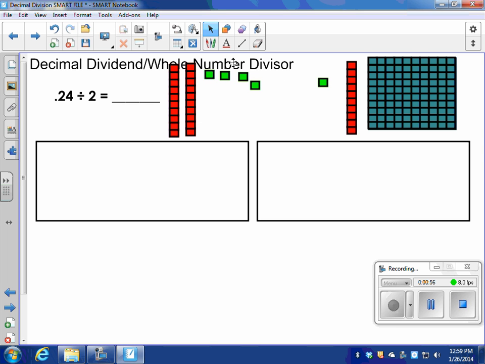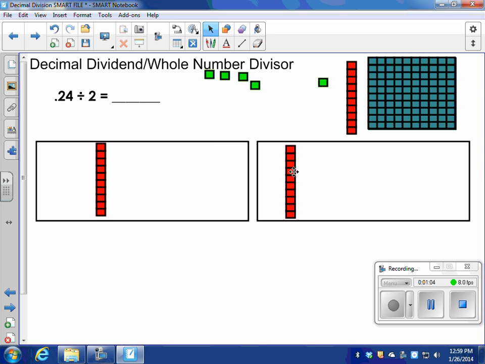So I'm going to take this 24 hundredths and I'm going to divide it into 2 separate groups. So I can put 10 here and 10 here. And then I can put 2 hundredths and 2 hundredths. So I've evenly divided 24 hundredths into 2 groups.